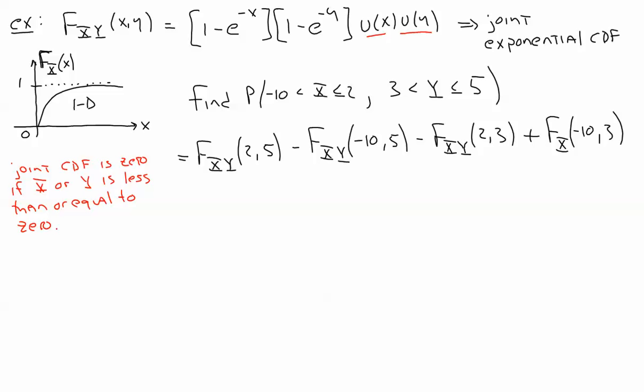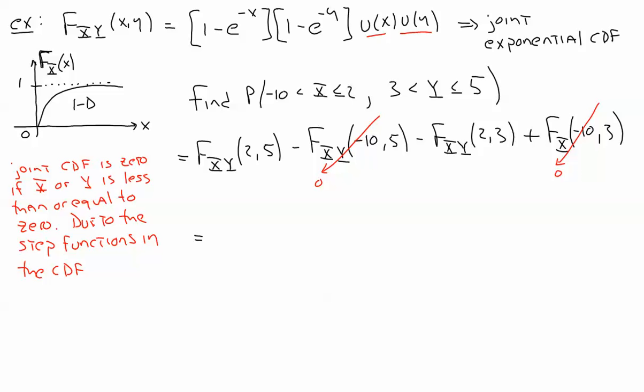And this is due to the step functions in the joint CDF. Okay, so for that reason then, this is 0, and this one over here is also 0. Those two pieces of the puzzle are both exactly 0. Due to the step functions, my joint CDF is 0 when either or both of the arguments is less than 0. Okay?